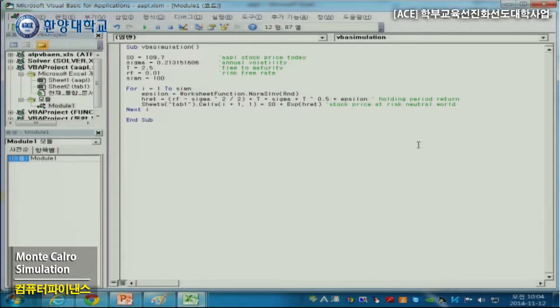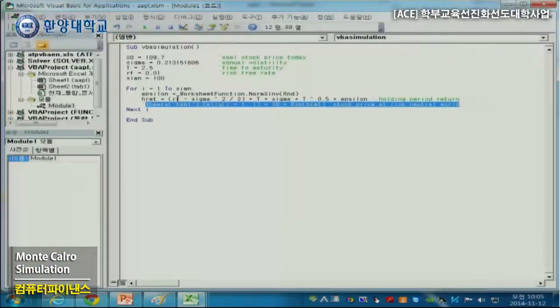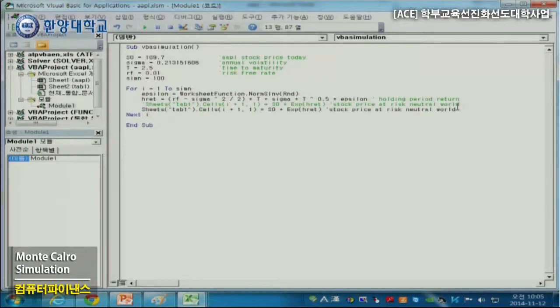I don't actually have to see the real number in Excel sheet basically. So I don't need this one actually. So I'll simply store the value as ST, the final stock price.